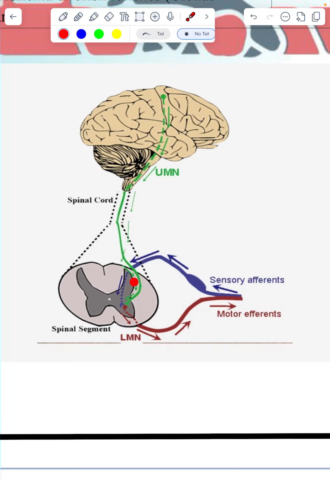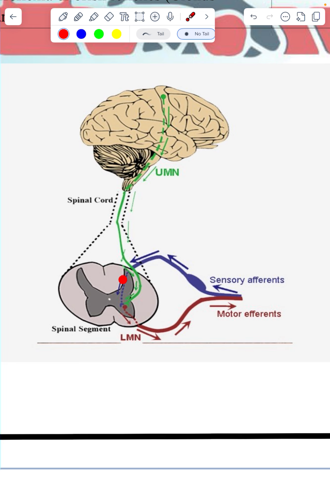They cross at the level of the medulla only, and come to the anterior horn, called the motor horn. This is the lower motor neuron acting on the muscles. The upper motor neuron, in green, comes from above to the anterior horns of the spinal cord, and the brown is the lower motor neuron.